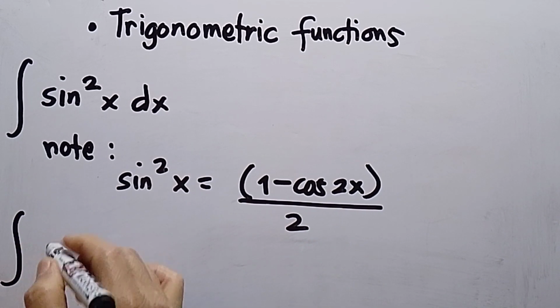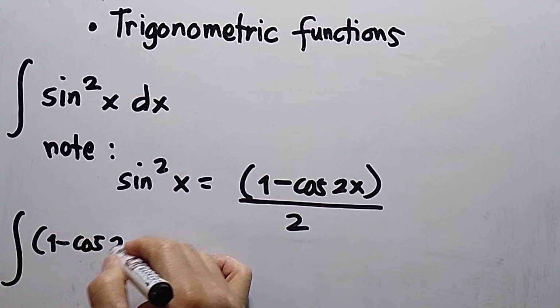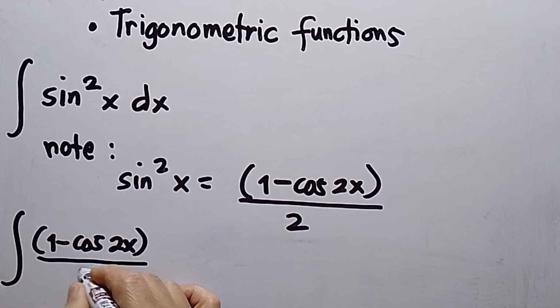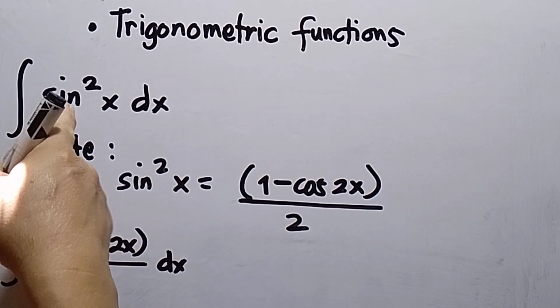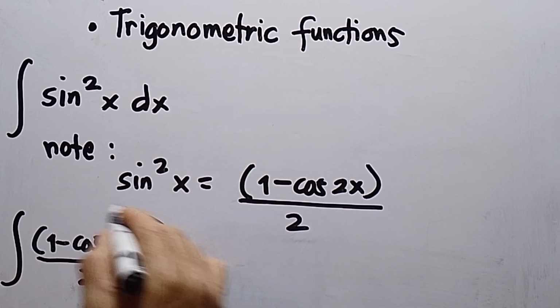So I have now the integral, in circle brackets, of 1 minus cosine 2x over 2 dx. So this is equivalent to sine squared x. So I need to distribute.